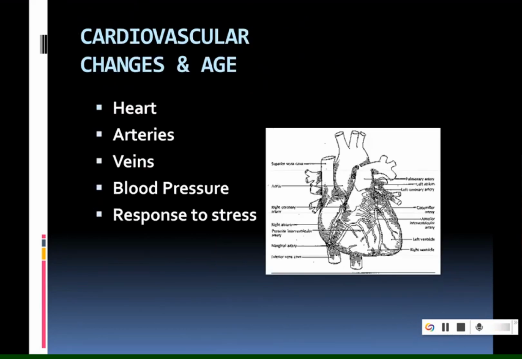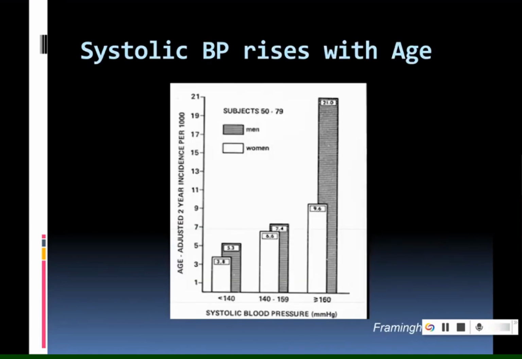I want to talk a little bit about the heart and aging. It turns out that as we get older, a third to a half of the population has systolic hypertension. Certainly a third of 65-year-olds will have high blood pressure. By the time they reach 80, if they do reach 80, 70% of them will have systolic hypertension.